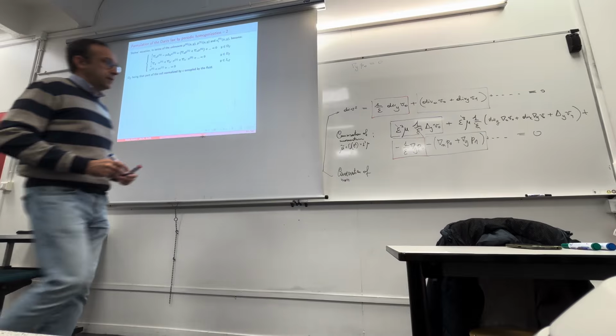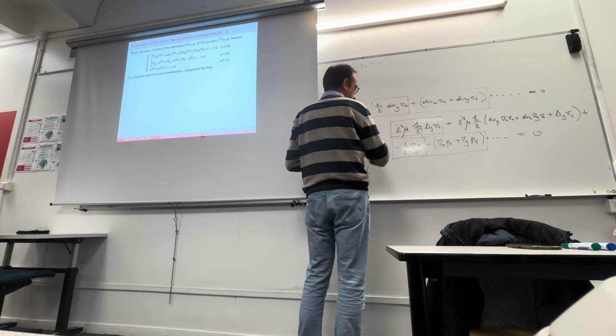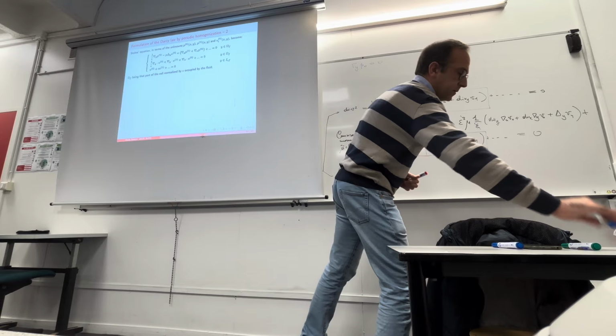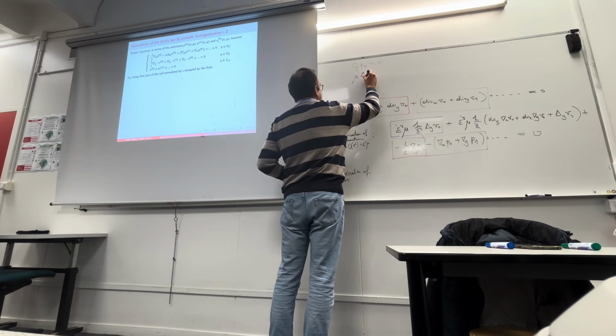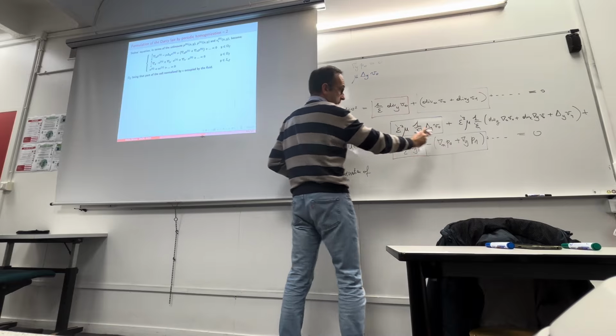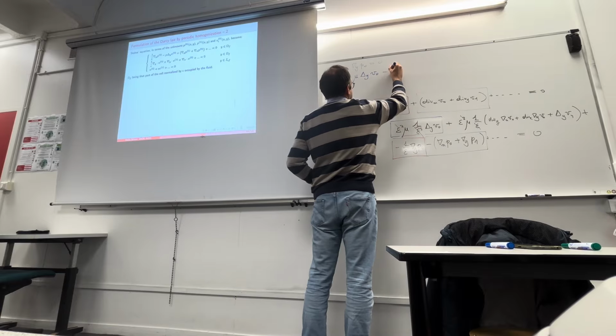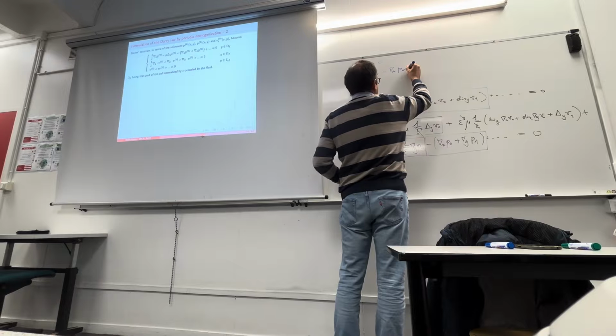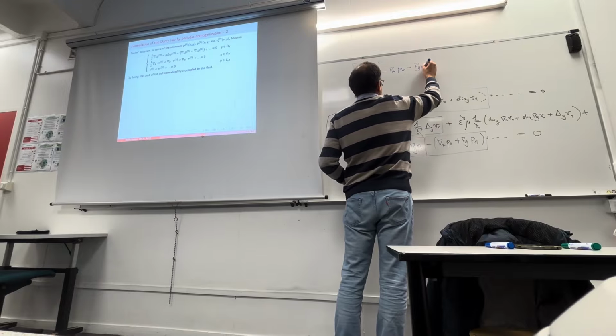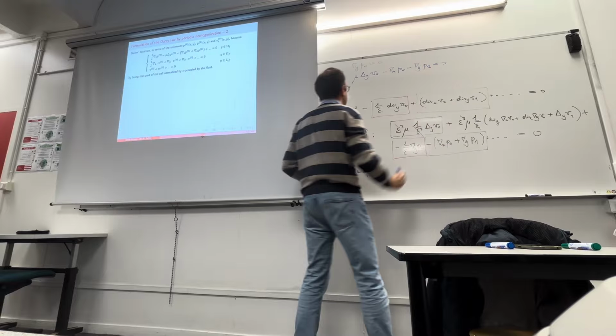Then we have the other problem, which is mu Laplacian y of v naught minus gradient x of p naught minus gradient y of p1 equals 0.